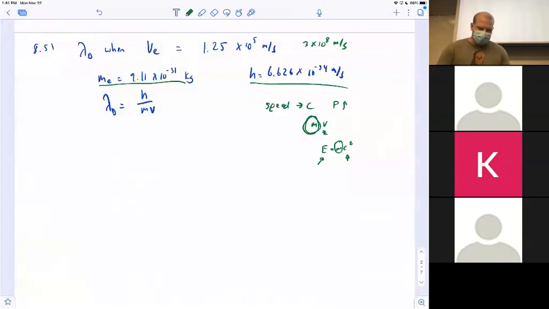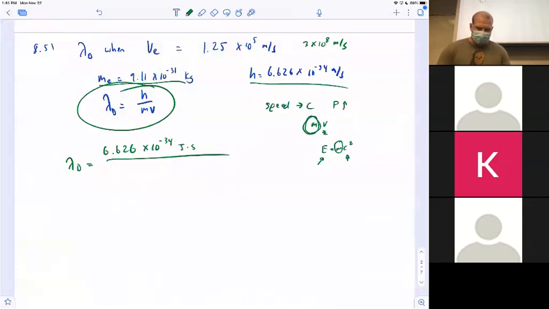So the de Broglie wavelength is Planck's constant divided by the mass times the velocity. So that means the de Broglie wavelength is Planck's constant, 6.626 times 10 to the minus 34 joule second, divided by the mass, 9.11 times 10 to the minus 31 kilograms, times the speed, 1.25 times 10 to the fifth meters per second.